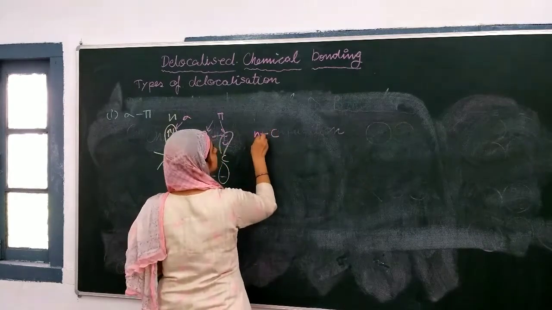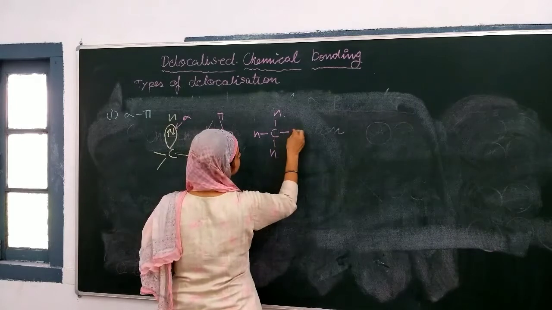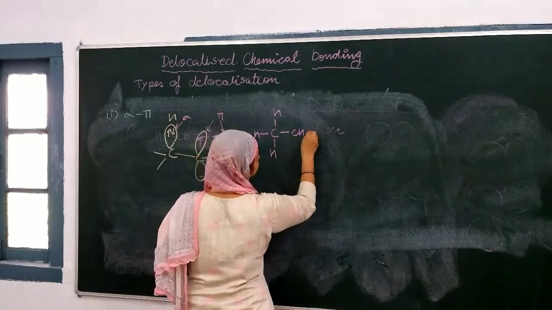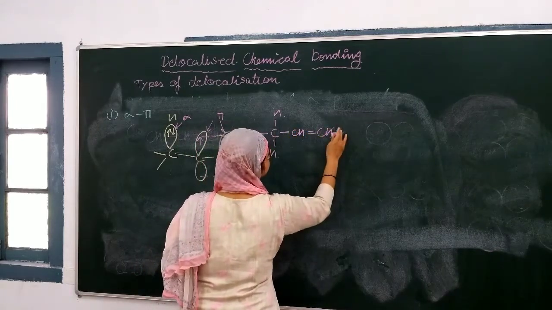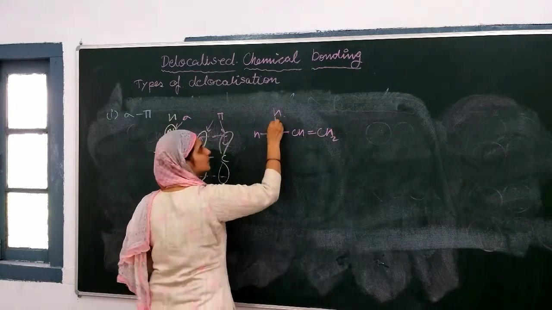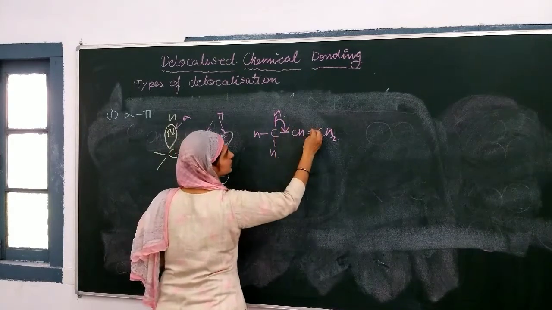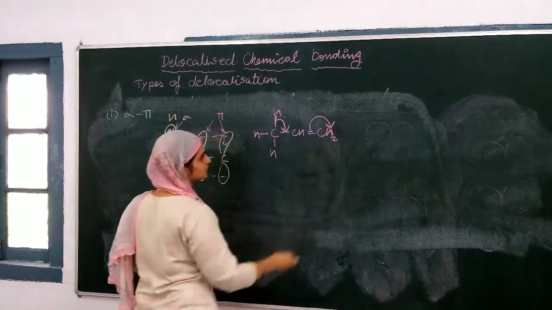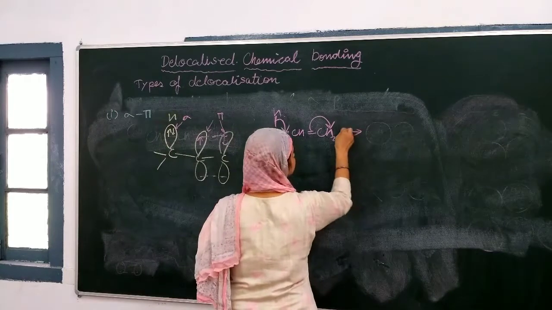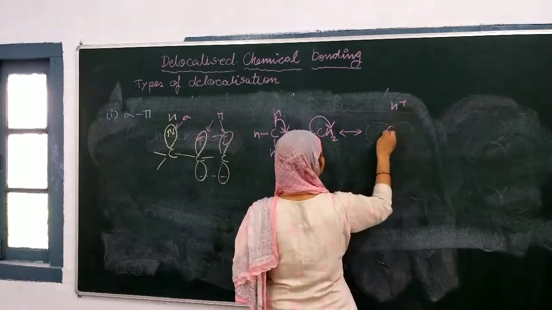This is the sigma bond here, which will bring the electrons towards the pi, and we will get a resonating structure.